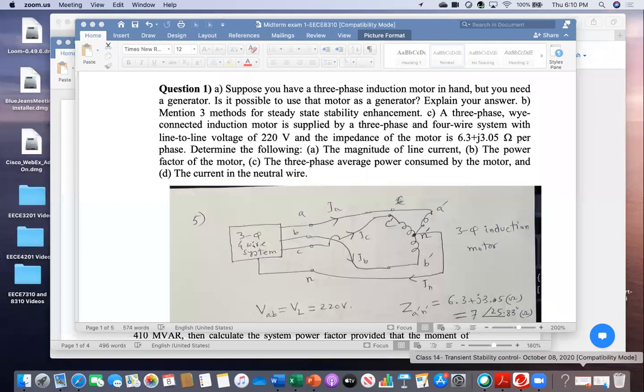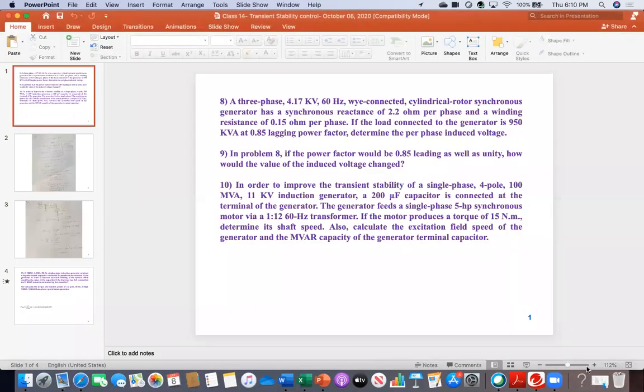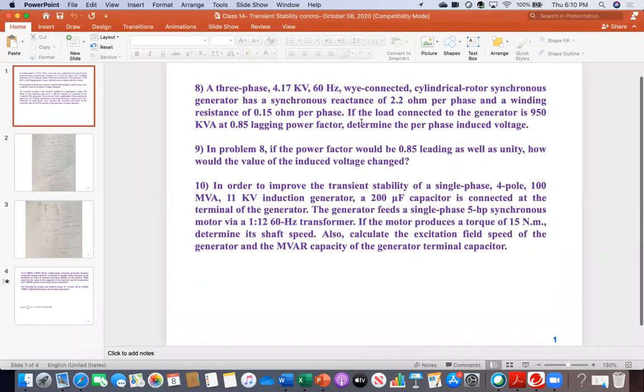Let me open today's file. Everybody, in the last class you were solving problem 8, I think, and we ran out of time. Today, please continue. Do you have your notes?